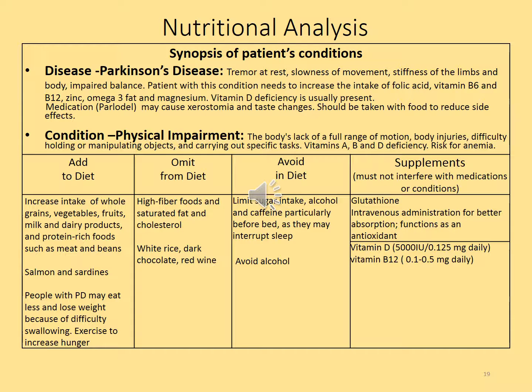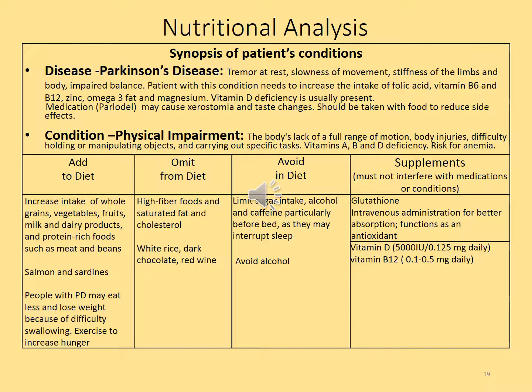The patient with this disease or condition should add to the diet whole grains, vegetables, fruit, milk and dairy products, and protein-rich foods such as meat and beans, salmon, and sardines.